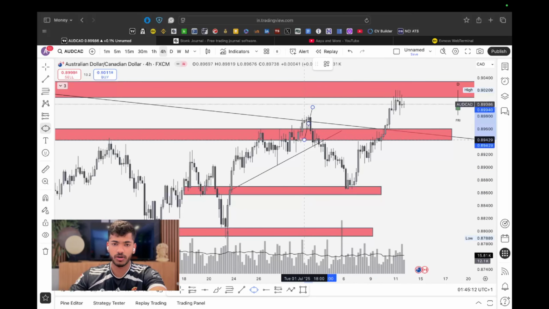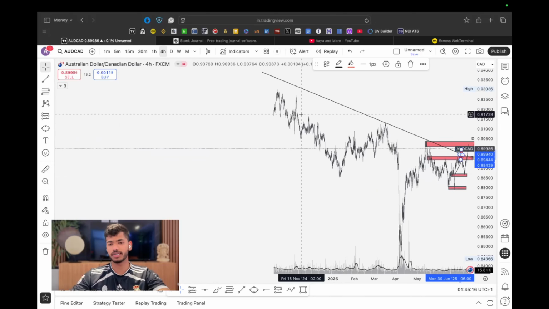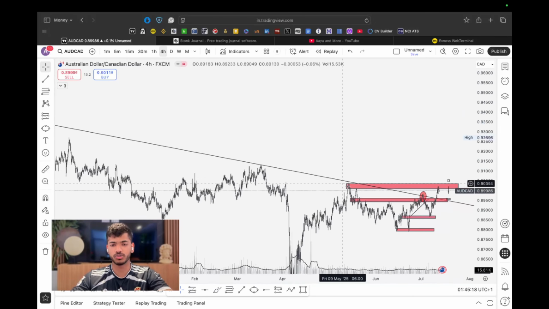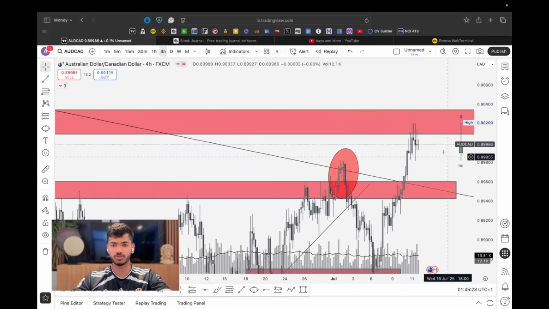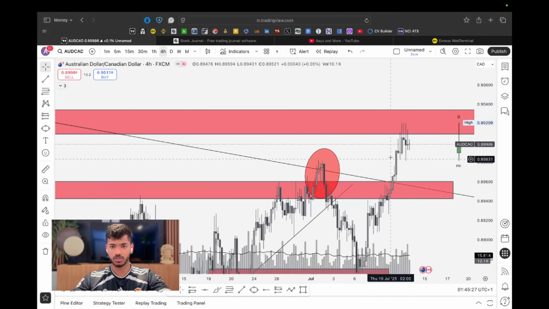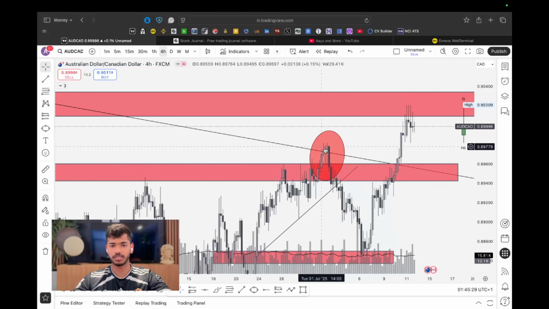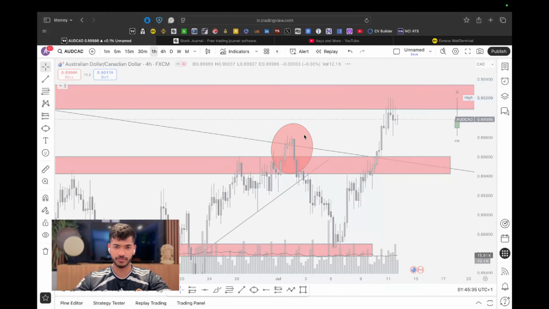Because of the counter trend line that I had drawn. It was a strong counter trend line. Any trend line or zone can be broken, but Forex usually takes 2 or 3 attempts to break a significant zone. So I knew that on the first attempt it might not break it, and it didn't, thankfully. So I took advantage of that.